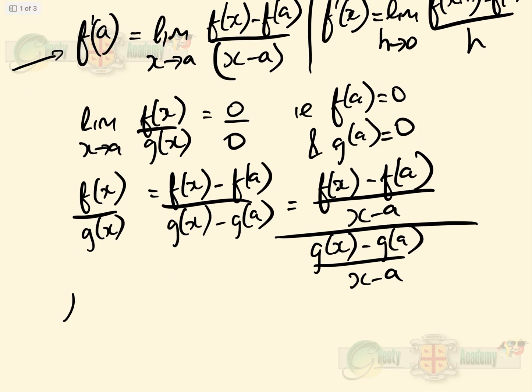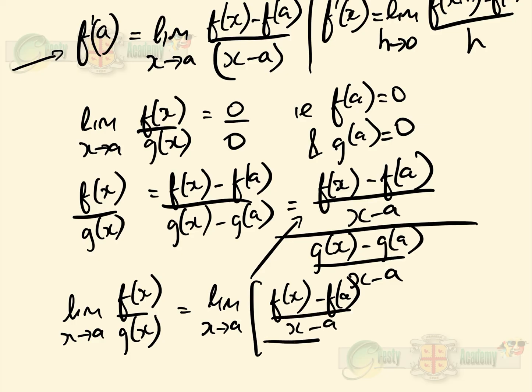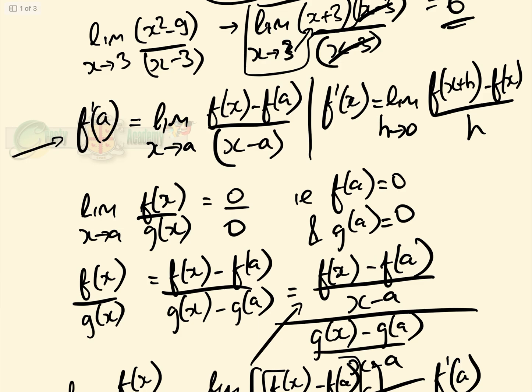And so therefore, the limit as x approaches a of f(x) over g(x) is equal to the limit as x approaches a of this thing here, which is, let's rewrite it, (f(x) minus f(a)) over (x minus a), over (g(x) minus g(a)) over (x minus a). But this thing here is f'(a), and this thing here is g'(a), by definition of derivatives.